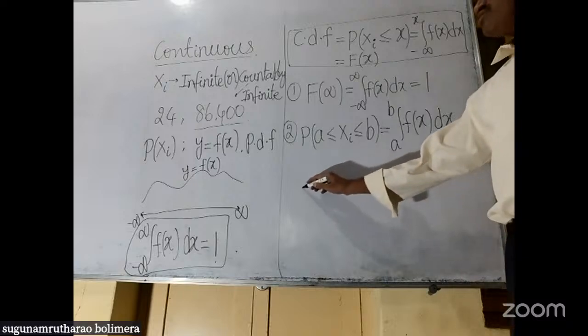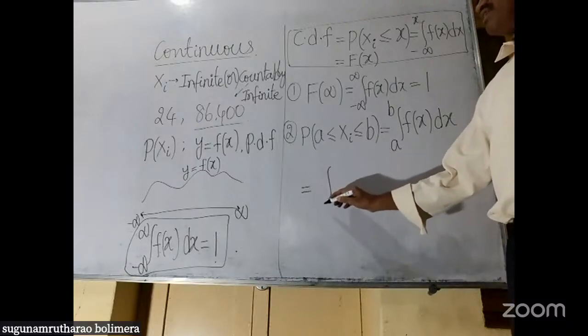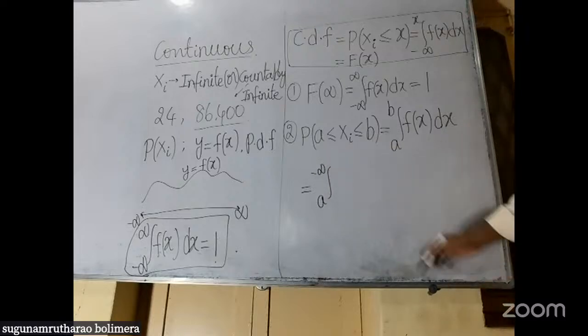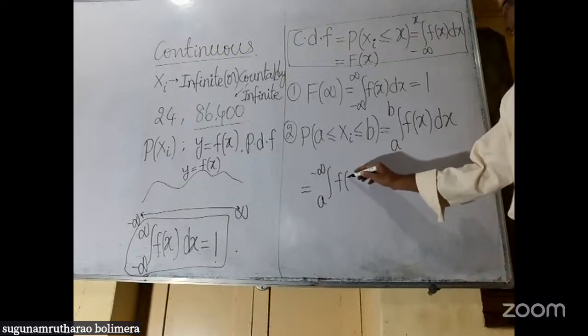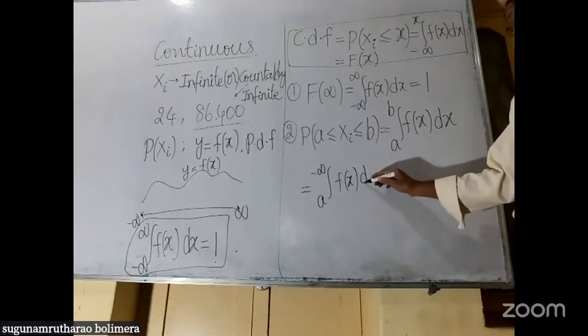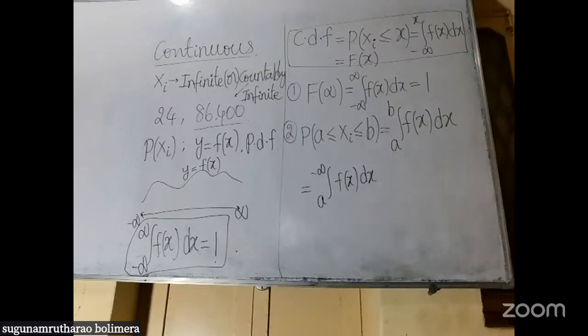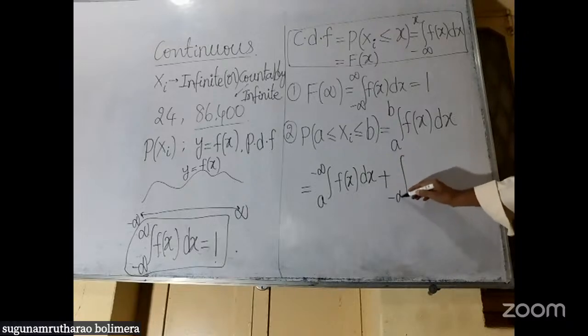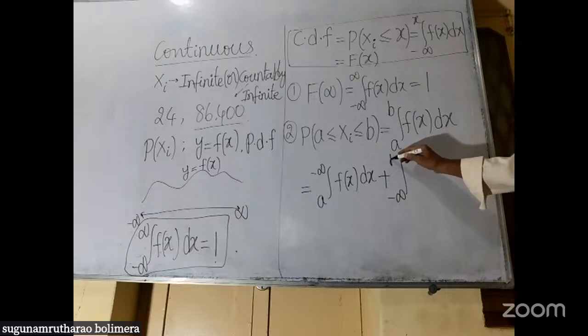So this I am going to write as the integral from a to minus infinity of f of x dx plus the integral from minus infinity to b of f of x dx.